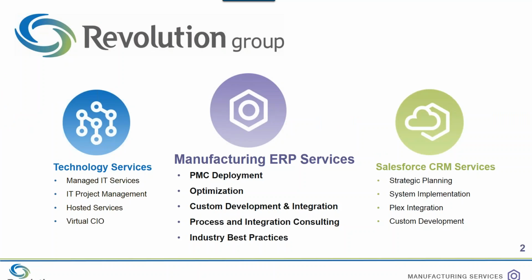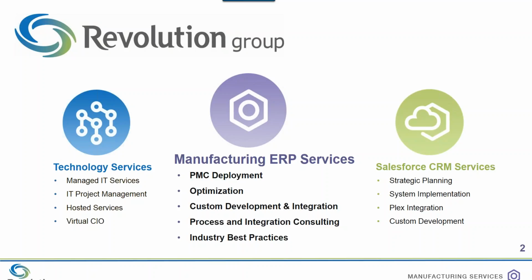I think everybody knows Revolution Group for the most part. Again, these are our customers on the call that we are particularly interested in making continually successful with the product. Revolution Group is a consulting firm located in Central Ohio, and we've grown quite a lot.